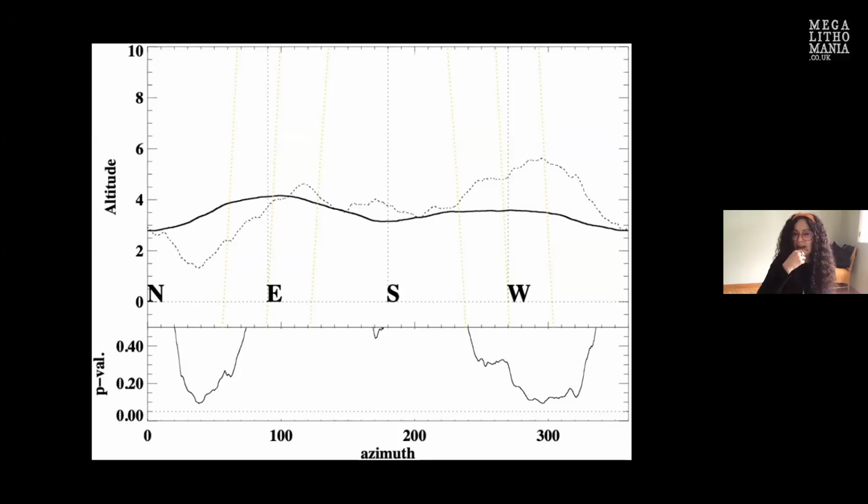It's still lower in the east than the west, like the other sites, but their actual heights are so close to the random sites that there's no statistical difference there. But still, the shape's the same.